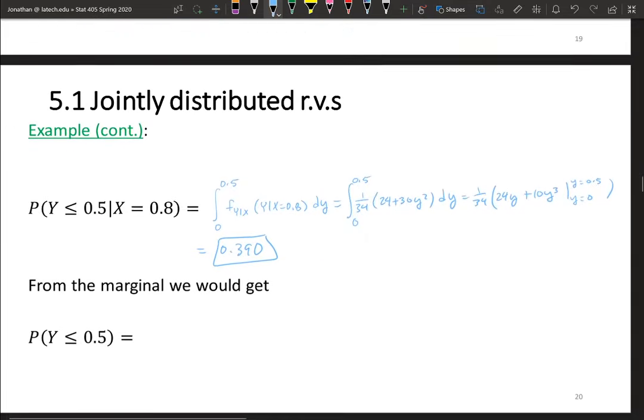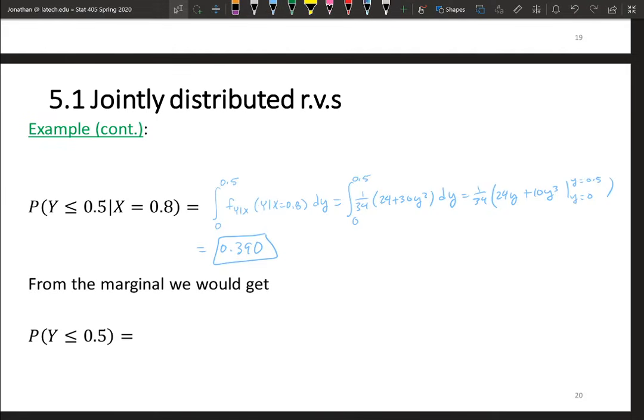So the probability that the walk-up service is used at most 4 hours, given that the drive-up service is used 6.4 hours.